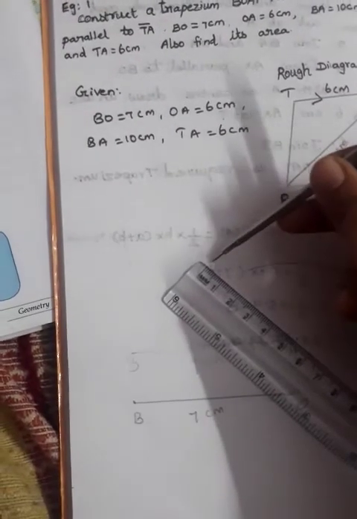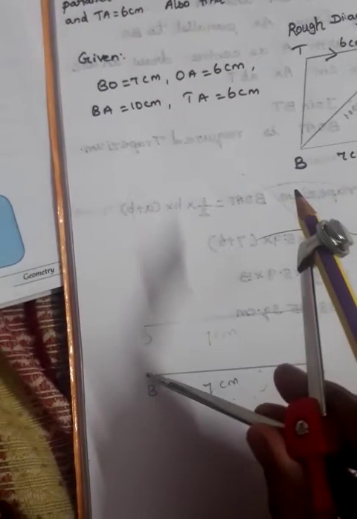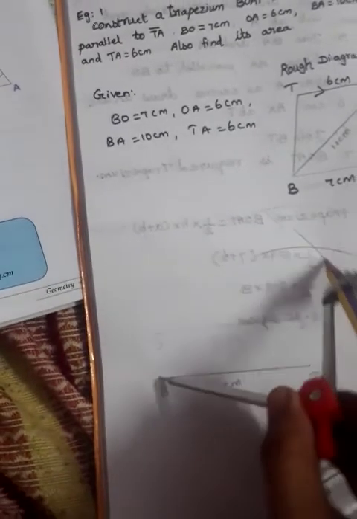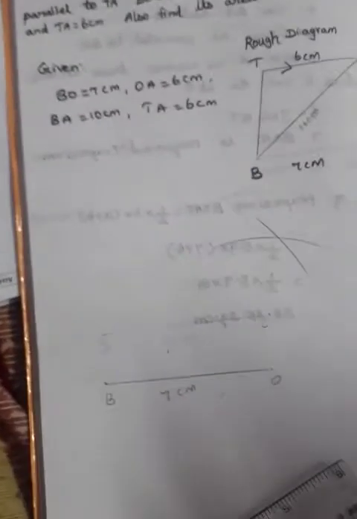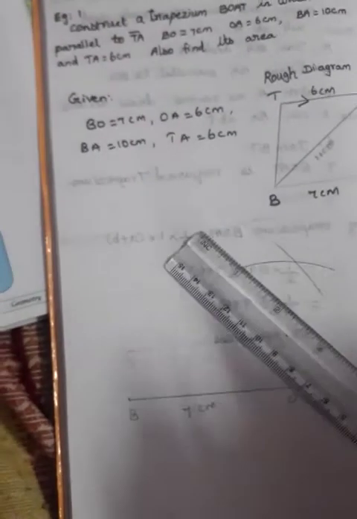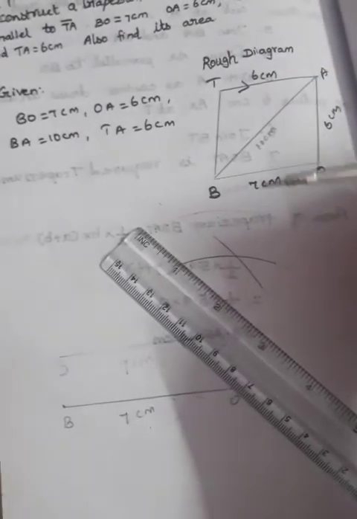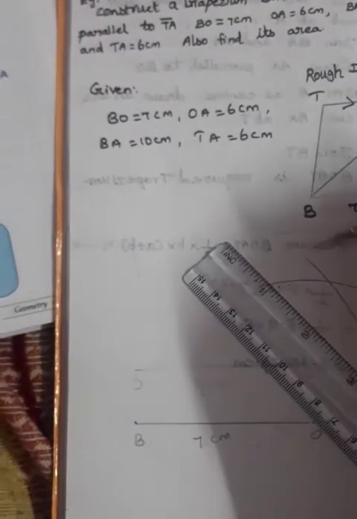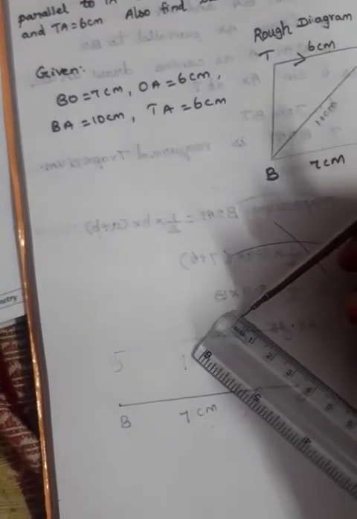Next BA 10 cm. Then next, from A to T. Okay. So that's TA 6 cm.